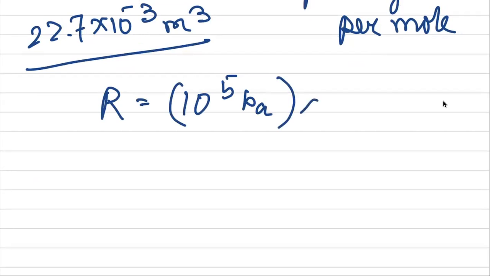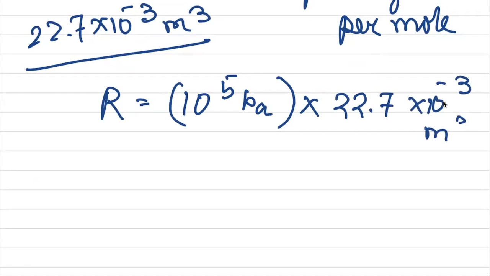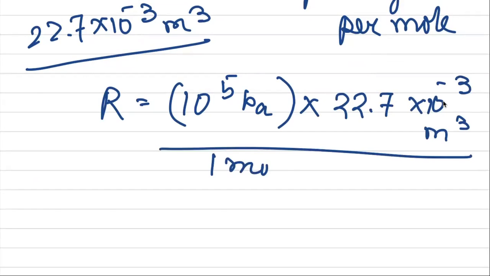At STP, the Pascal will be 10 to the power 5, into 22.7 into 10 to the power minus 3 meter cube, divided by 1 mole into 273.15 K. Now, 1 Pascal is equal to 1 Newton per meter square.